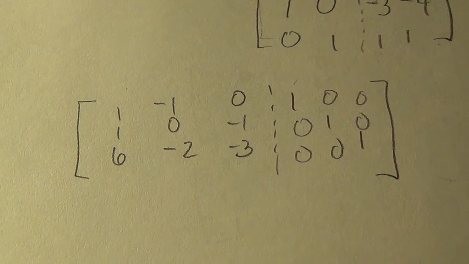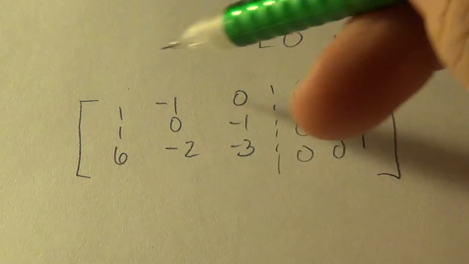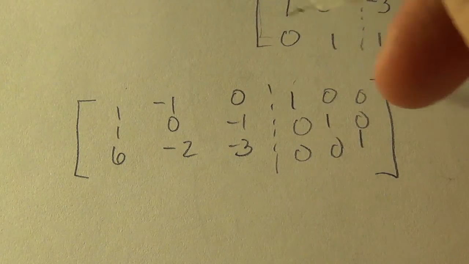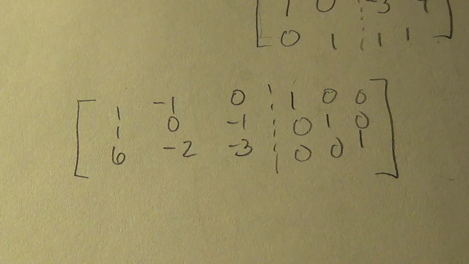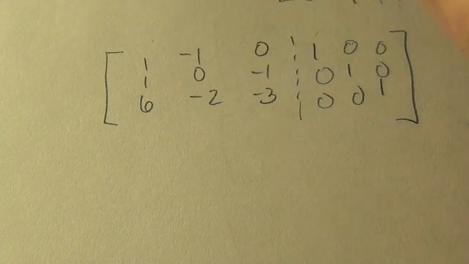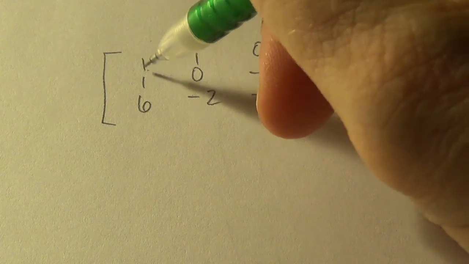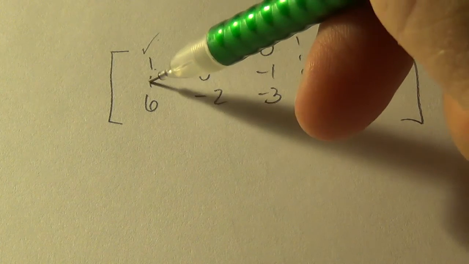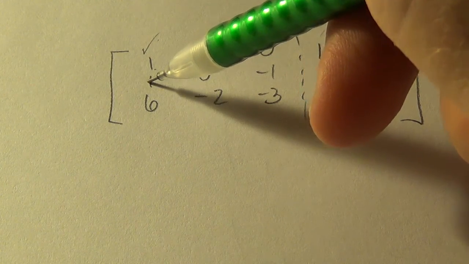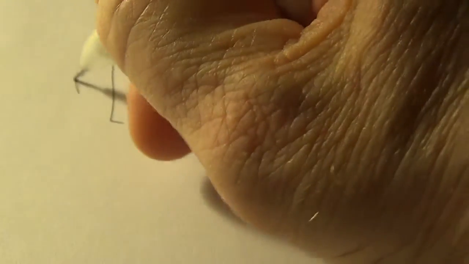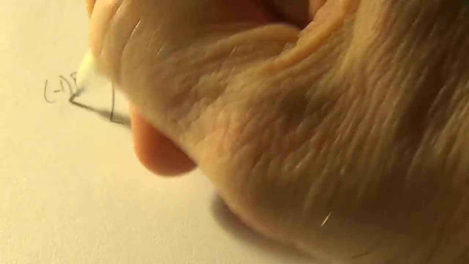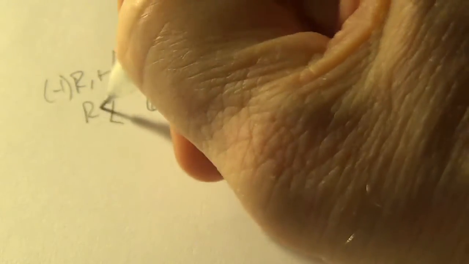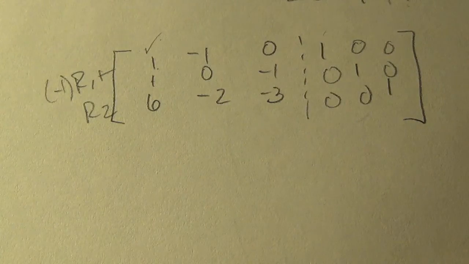And I begin the same way. This time I've got to get this left-hand side to look like this. Alright, so I start by getting a 1 in the first column, which happens to already be there. So I want to change this to a 0. So I'm going to do row 1 times negative 1 plus row 2, and that will replace that one with a 0.